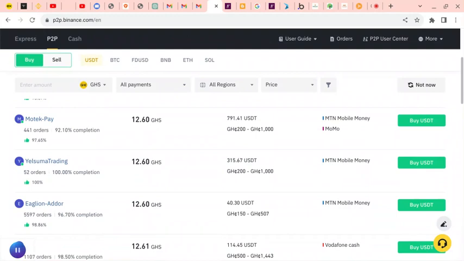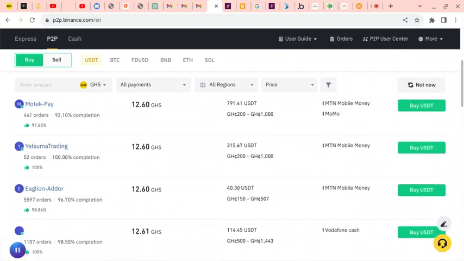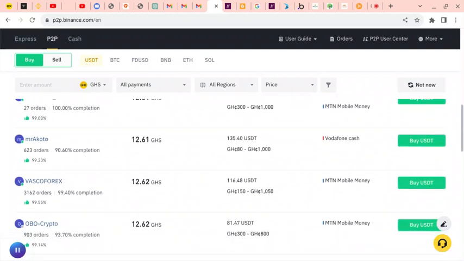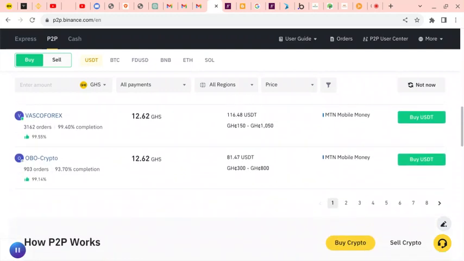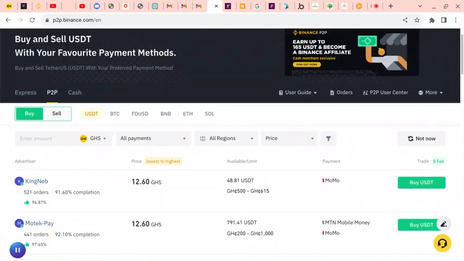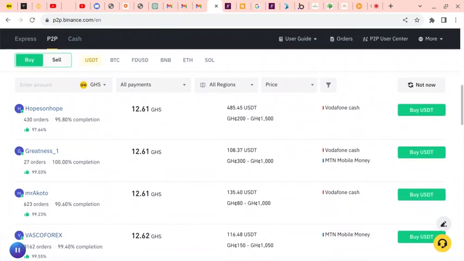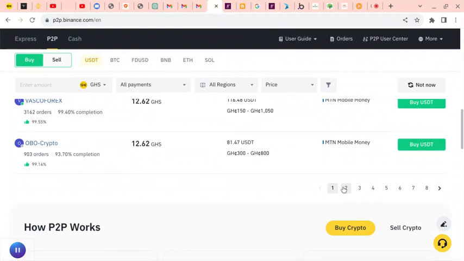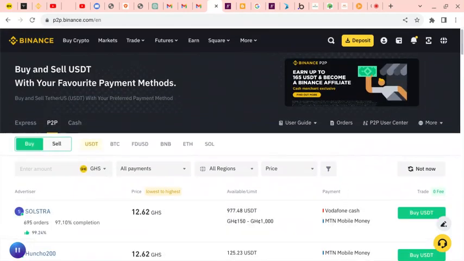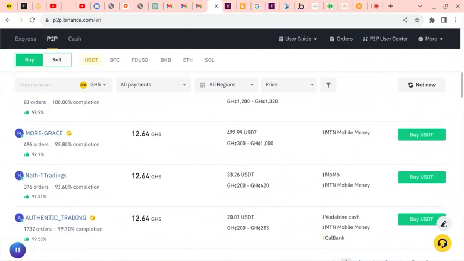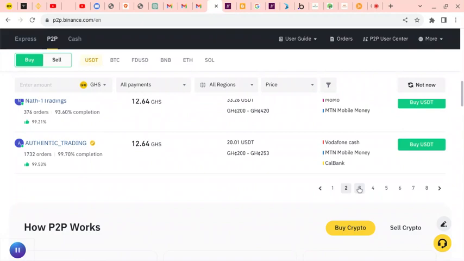So this is how we do our trade. You see all these people who are selling have small limits. I want someone with a minimum of 2,000 plus. This one is from 500 to 615, so unless we do a double trade, let me go to the next page and see, because I want to sell 200 USDT.